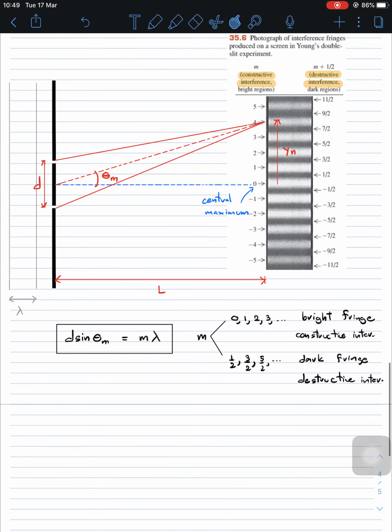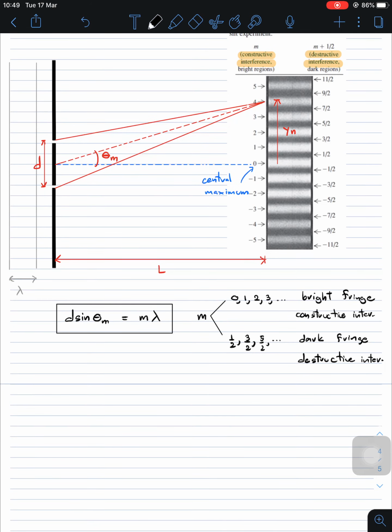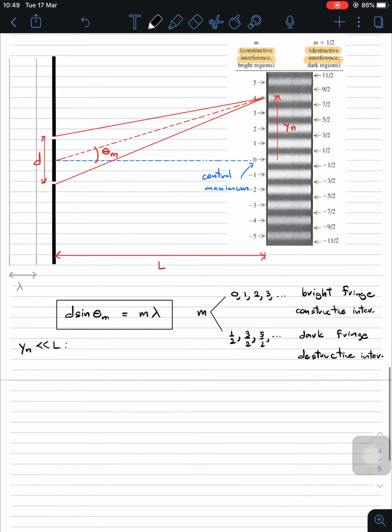Actually, this equation can be simplified. If y_m, the distance from the central maximum to the point of interest, is much less than L, we can simplify. Sorry, actually I use m, not n.